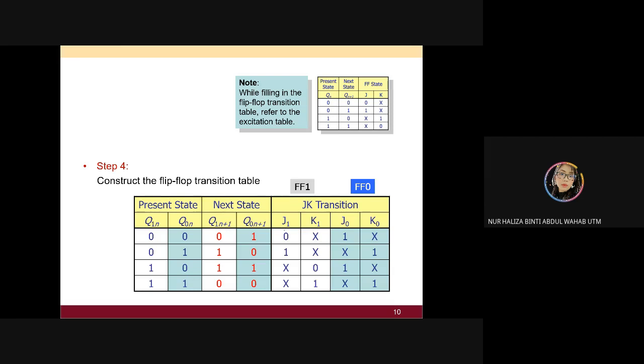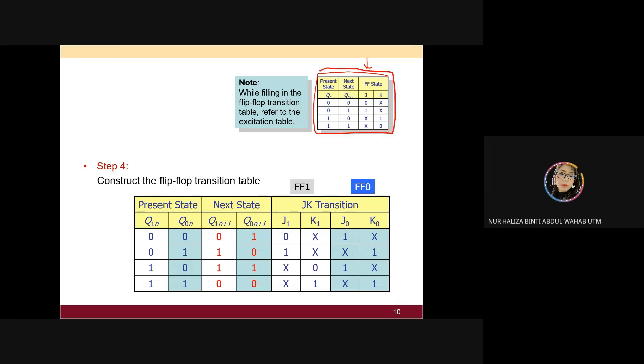Because this one you can see here, 0, 0. And this one is coming out from, okay, just now we already derived this table. This is the basic table that you need to remember after we derive.